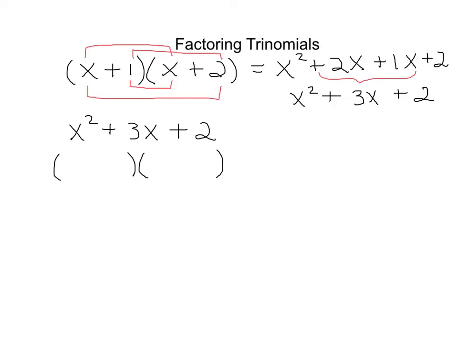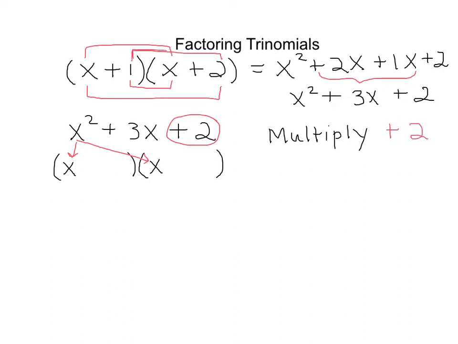And because in our problems we're going to have the lead coefficient always being the assumed 1, we'll always have an x in both of the first positions of the binomials. But what we're looking for, again, going back to how we multiplied these things out, we're looking for two numbers that multiply to our back number of +2 because of what we saw up here with the FOIL.